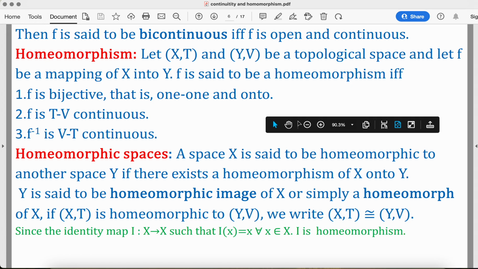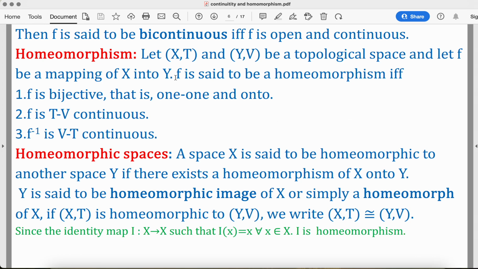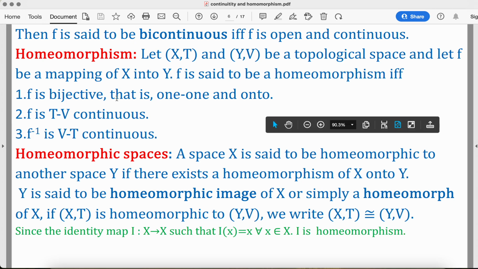Now the homeomorphism. Let (X, T) and (Y, V) be two topological spaces and let f be a mapping from X to Y. Then f is said to be a homeomorphism if and only if f is bijective, meaning f is one-one and onto, f is T-V continuous, and f inverse is V-T continuous.